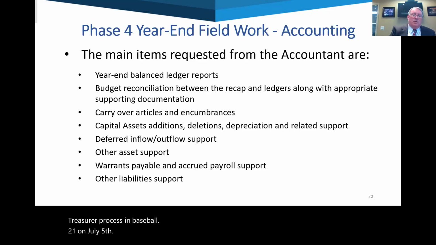The accountant's ledger may have reduced cash for that, while the treasurer didn't reduce the cash until July when it actually occurred. So we need that particular reconciliation. And so that would be part of a checklist item and a reminder to the accountant to provide that particular reconciliation as we go through. Other liability support.